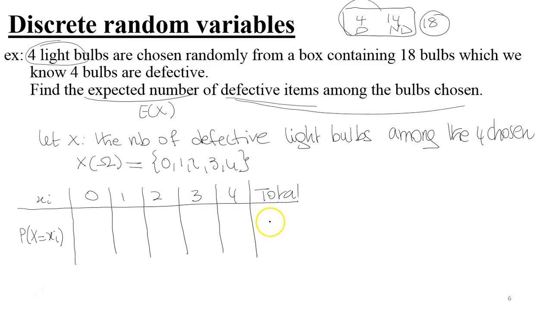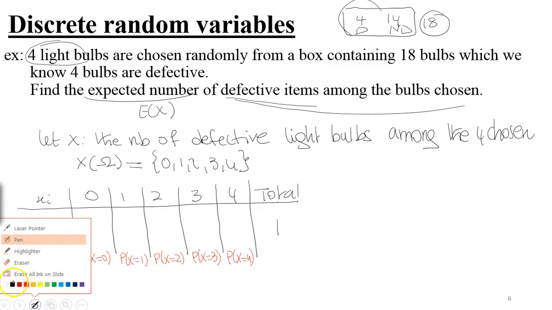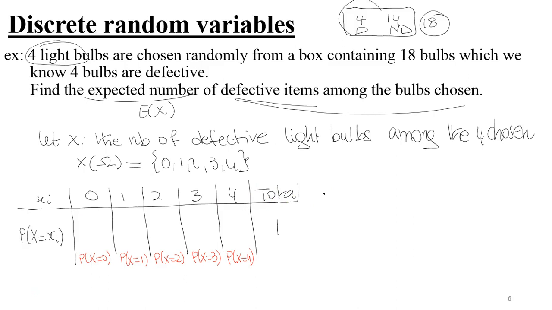The total should end up being equal to 1, and that is, as I've already mentioned, our way to determine if we have calculated the probabilities correctly. Here is the probability of X equals 0, X equals 1, X equals 2, X equals 3, and X equals 4. So let's determine each of these probabilities.